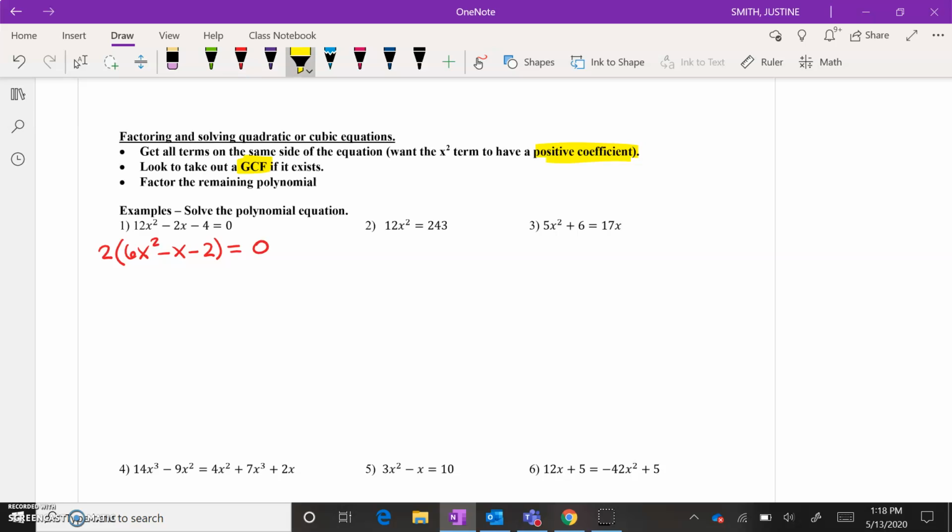Even though we took a GCF out, we still have this coefficient in front of x squared, so we know that this is going to be a tricky trinomial. So we're going to try to figure out what multiplies to negative 12 and what adds to negative 1, which is going to be negative 4 times 3. So I'm going to separate this, do 6x squared minus 4x plus 3x minus 2.